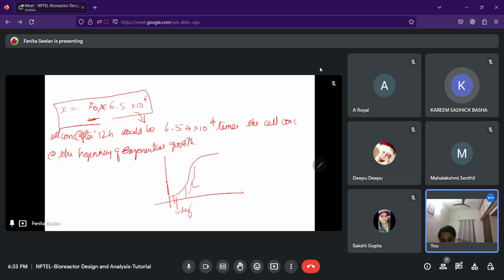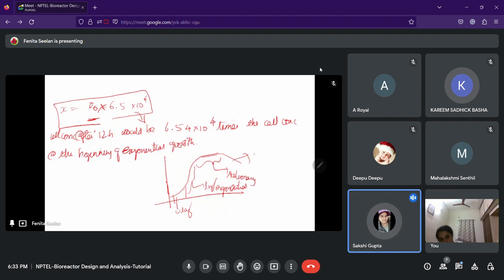This is log or exponential. This is the stationary, and here is the death phase.